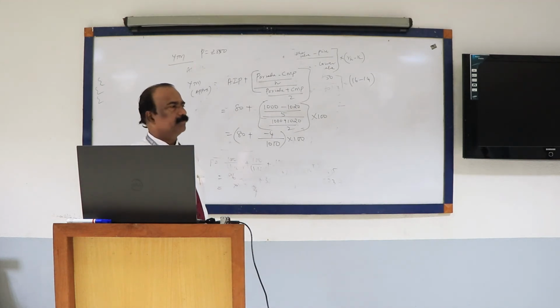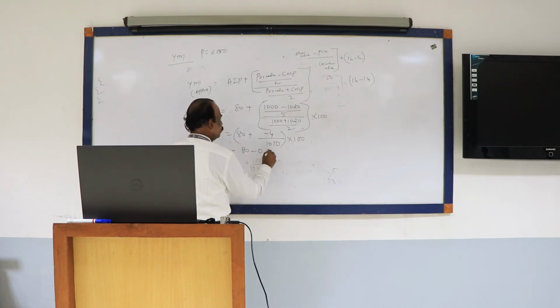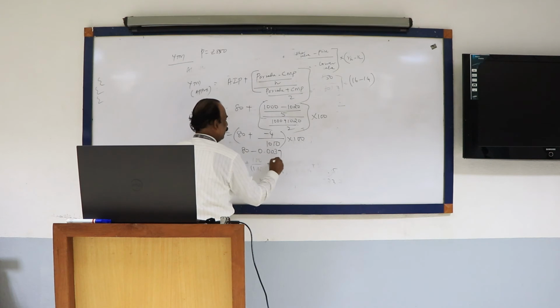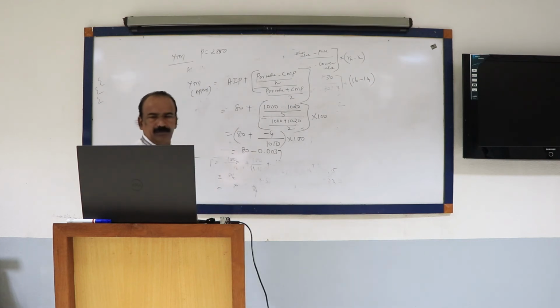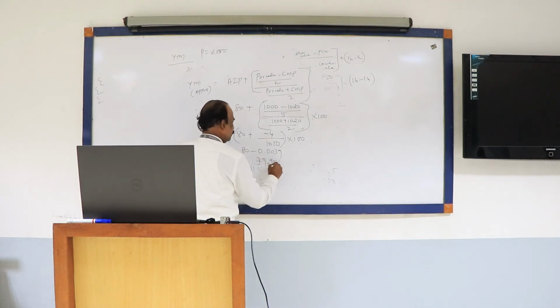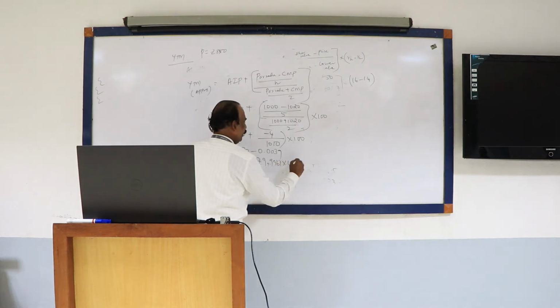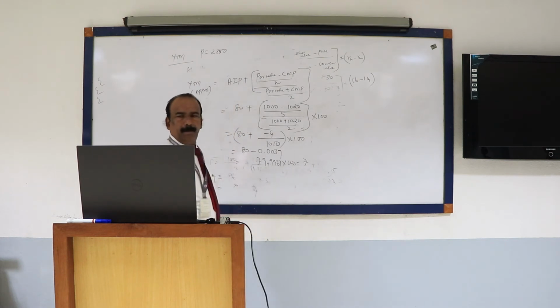It is minus 0.00396. So 80 minus 0.0039 is 79.9961. Multiplied by 100, that is 7.9.